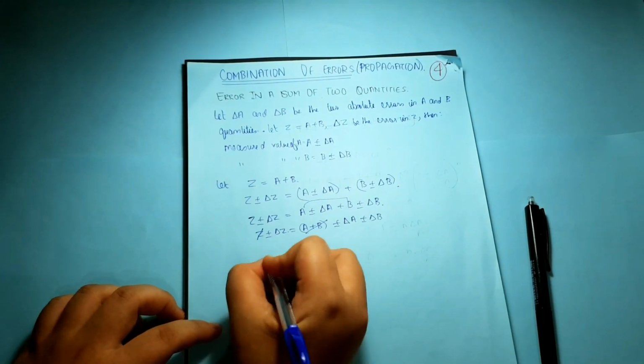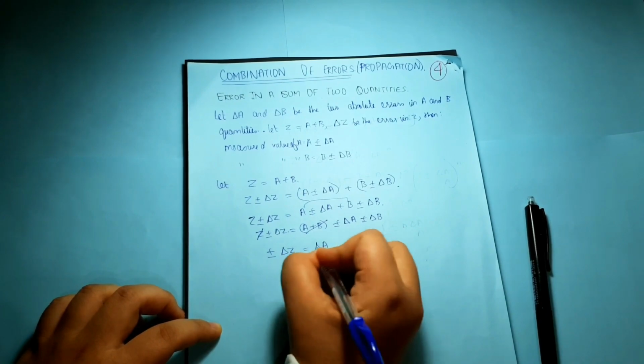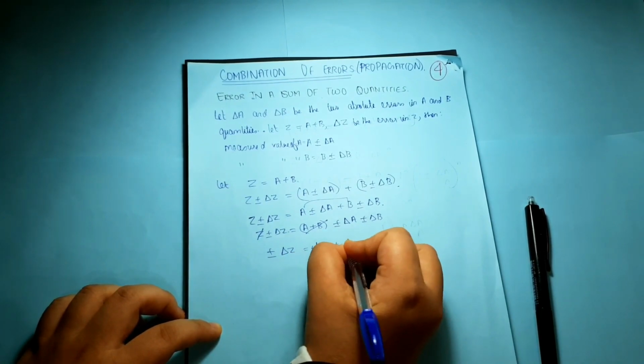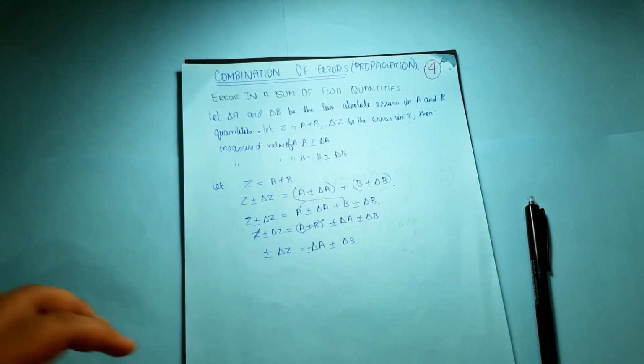Now we have plus or minus delta Z is equal to plus or minus delta A plus or minus delta B. What all possibilities can we have here?